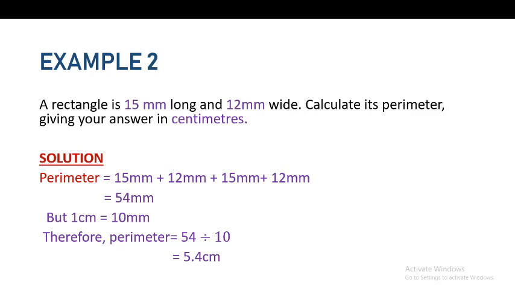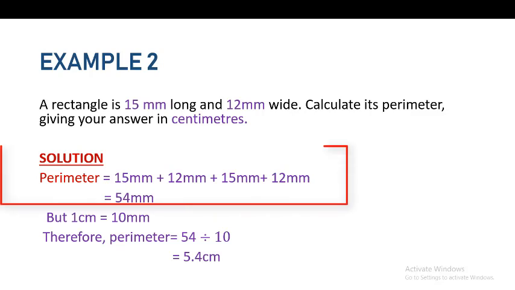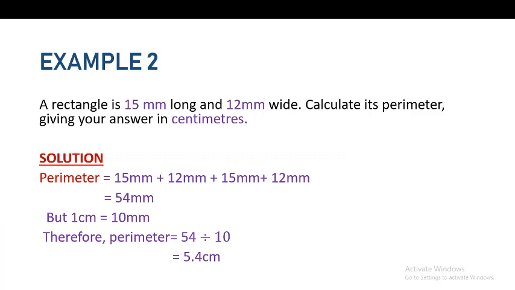Perimeter is equal to 15 millimeters plus 12 millimeters plus 15 millimeters plus 12 millimeters. If we add all these, the answer is 54 millimeters. Remember, the perimeter is the distance around the edge of a shape. But 1 centimeter is equal to 10 millimeters.